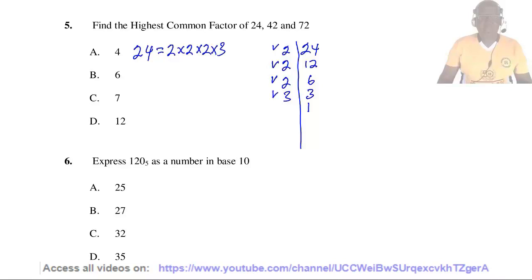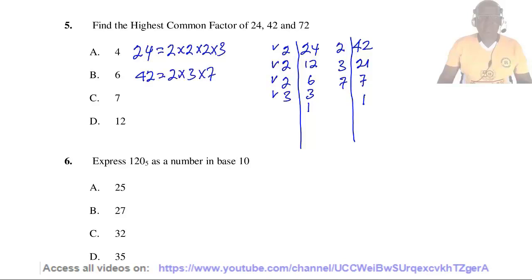Now 42. 2 goes in 21. 3 goes in 7. 7 goes in 1. So 42 equals 2 times 3 times 7.